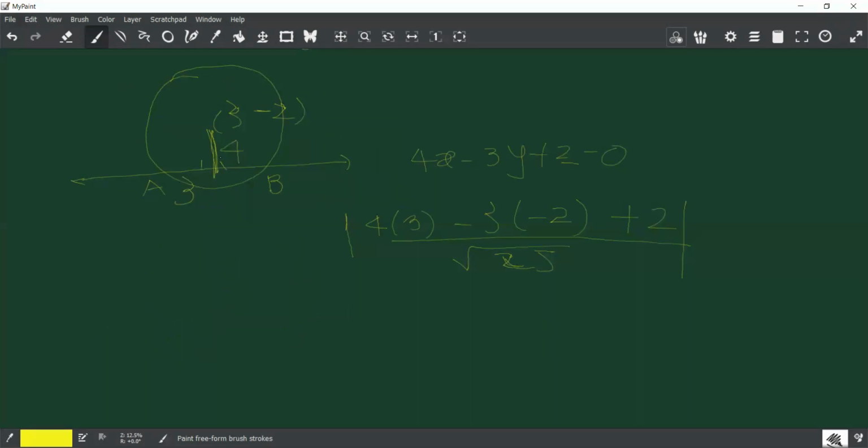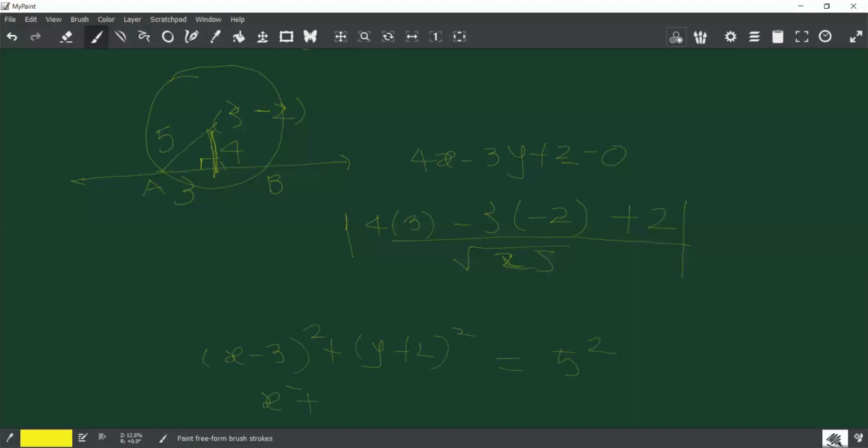सबका आया. ये right angle triangle है. पाइथागोरस से radius निकालो. ये radius आ गया 5. Then find the equation of the circle. (x minus 3) the whole square, (y plus 2) the whole square is equal to 5 square.